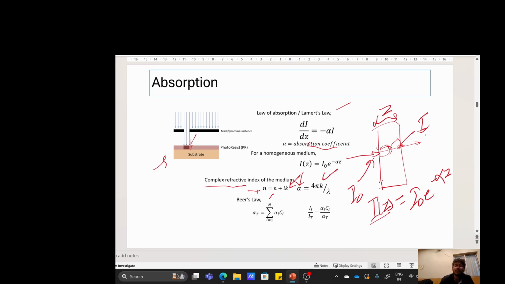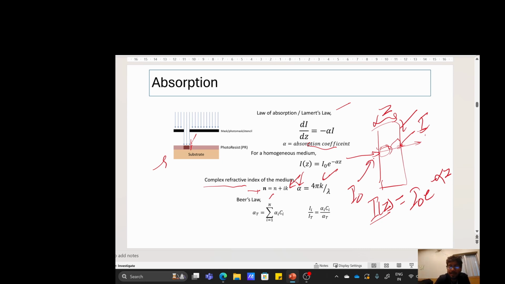Let us say there is not a single material inside this. There is not only a single material in the thickness of whatever you have coated. There is a sensitizer, there is some resin material, there is some solvent.